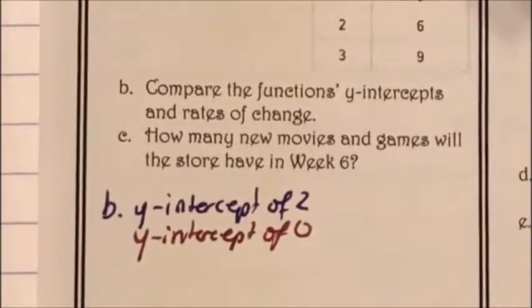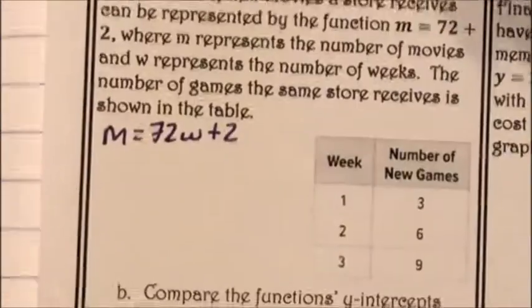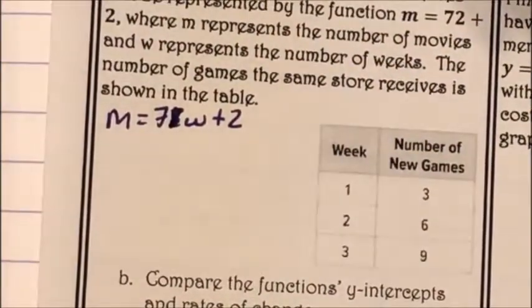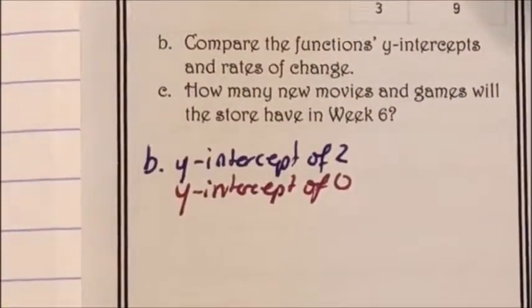Okay. Sorry, this function should be 7w plus 2. Okay. So a y-intercept of 2 and a y-intercept of 0.